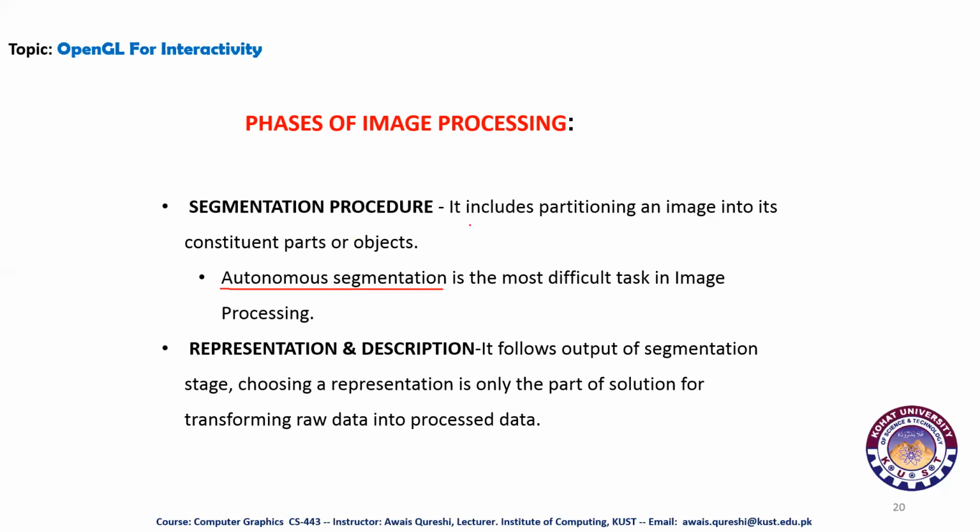Because in this phase we break images into different parts and then do some enhancements. So after those enhancements, how do we represent the new image? This is all about representation and description. It is a separate phase. In this phase, we use already segmented images and then compose those images later on.